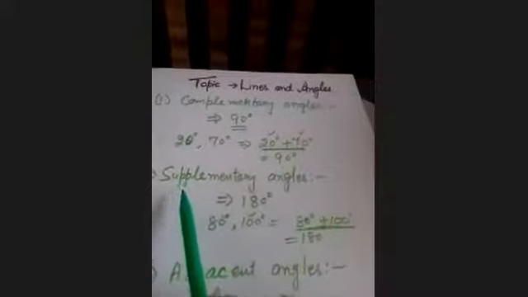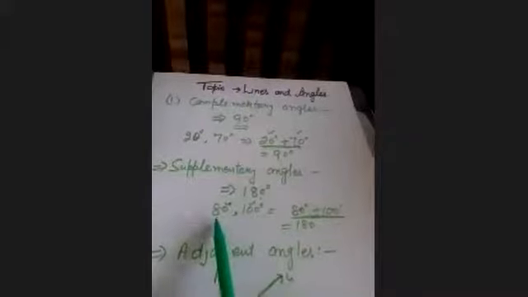The next point is supplementary angles. So what are supplementary angles? If the sum of two angles is equal to 180 degrees, then our angles are supplementary angles. Now let us consider one example. Let two angles be 80 and 100.